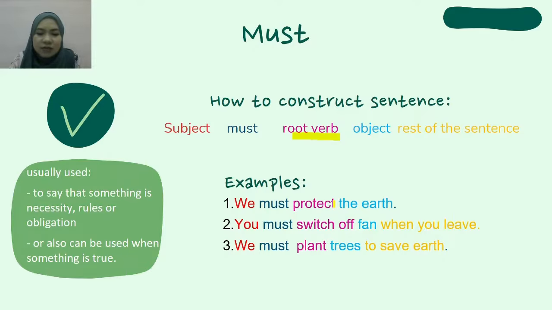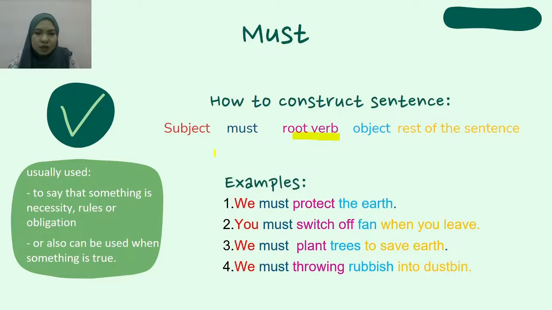Okay, let's look at number 4. We must throwing rubbish into dustbin. Okay, students, look at the sentence. Do you think the sentence is correct or incorrect? Is it correct or incorrect? Yes, the sentence is incorrect.